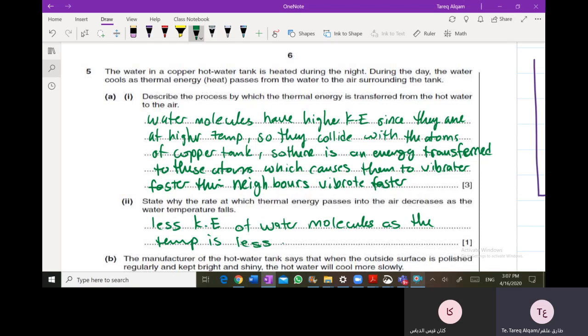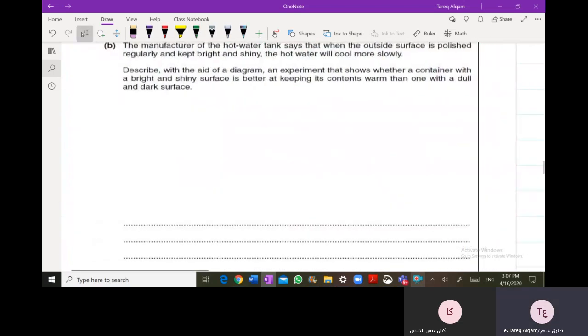So we have less rate of transfer. Okay, finished. We will complete next time.